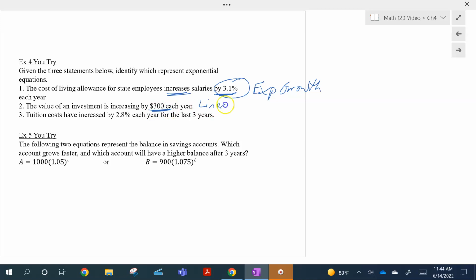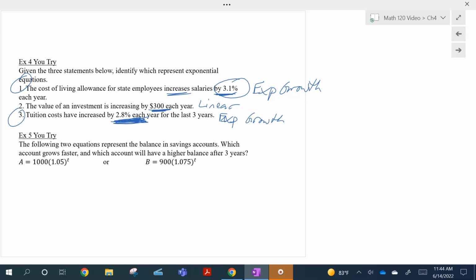This is linear, that's not exponential. Third one, tuition costs have increased by a percentage. Again, a percent increase, another exponential, going up, exponential growth. So the first and the third one will be exponential growth.